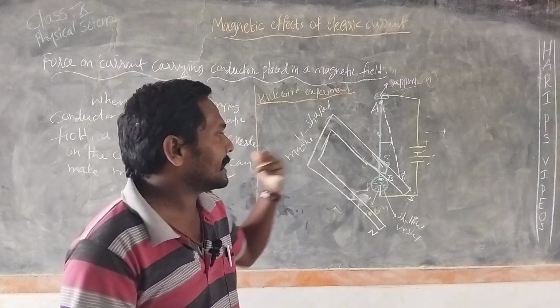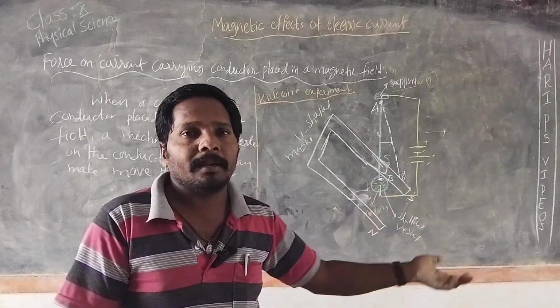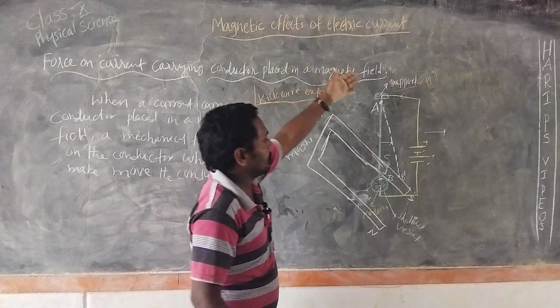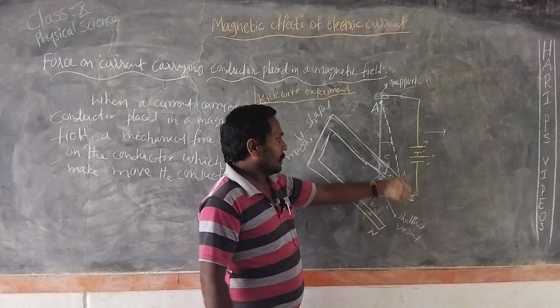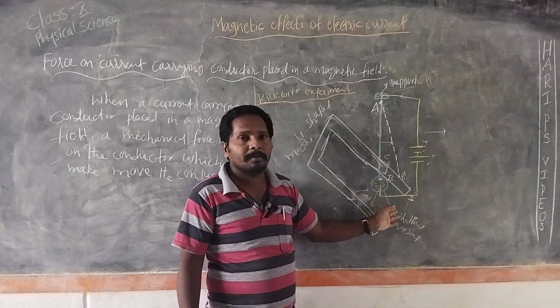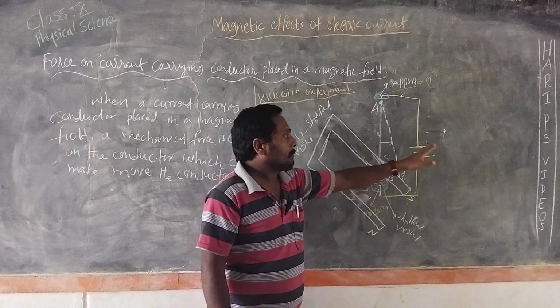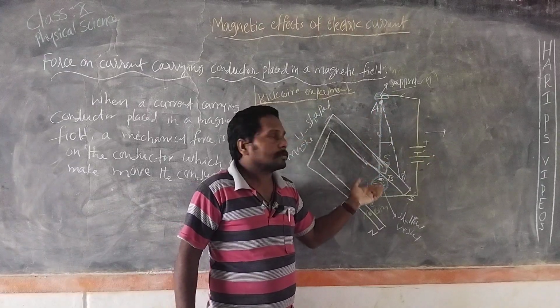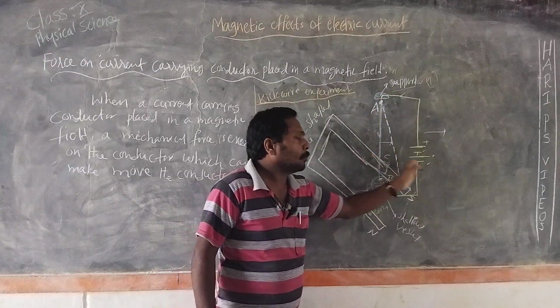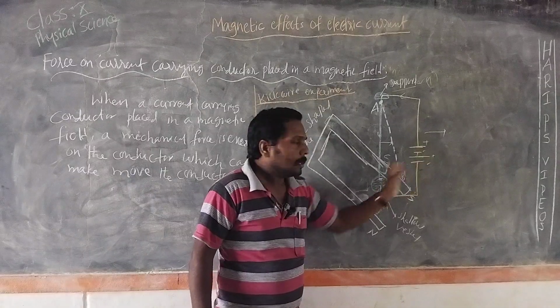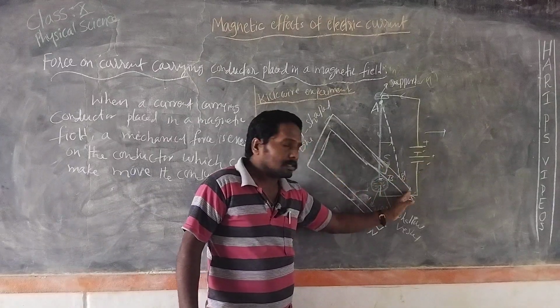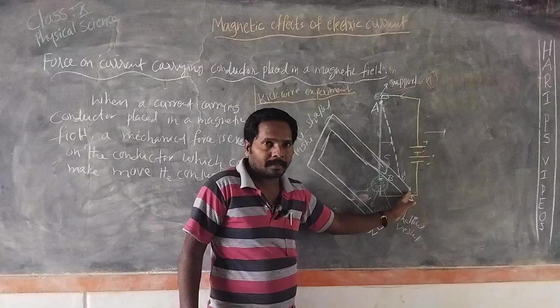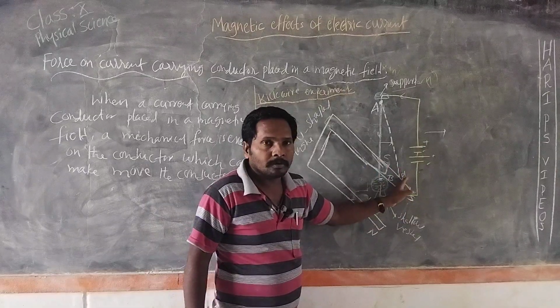Simply explaining, a current carrying conductor is placed in a U-shaped magnetic field. When we switch on, current flows, and due to magnetic force the current carrying conductor moves from its original position, towards the north pole of the U-shaped magnet. So why does it move?